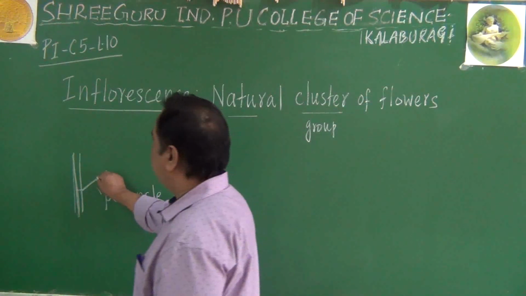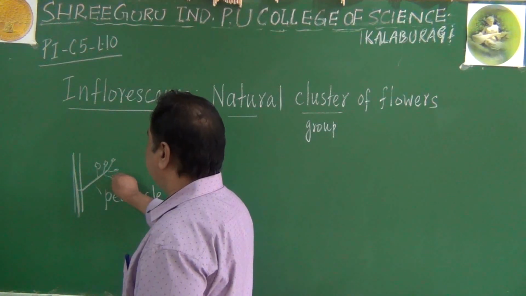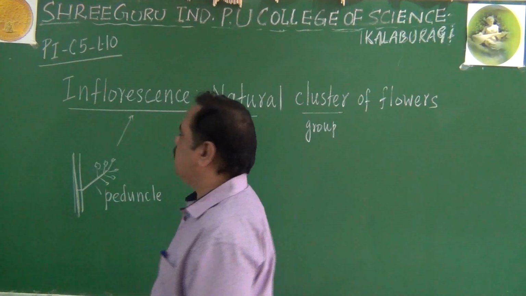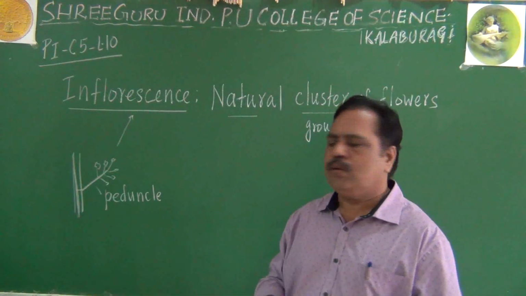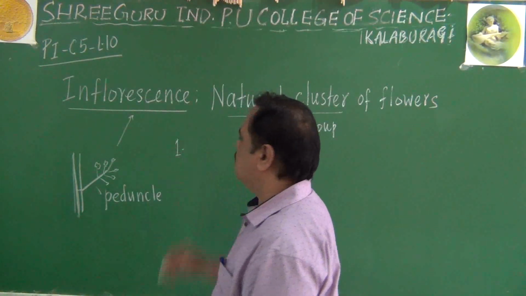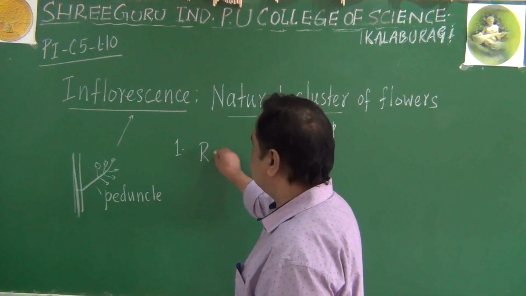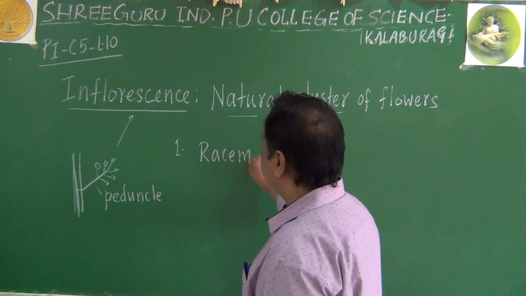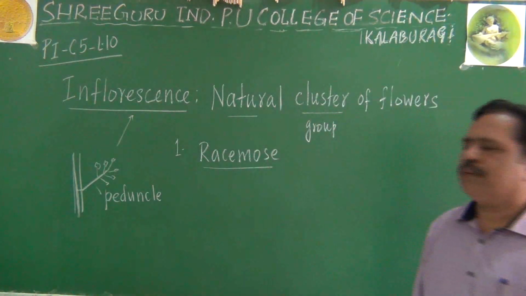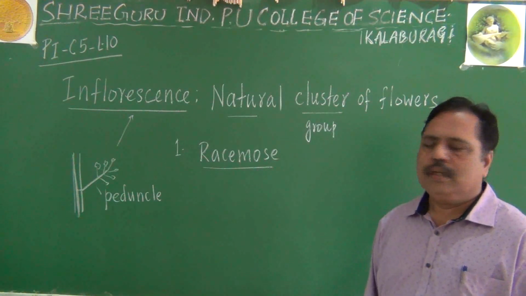This peduncle will bear many flowers arranged over it. So this group of flowers will be known as inflorescence actually. There are two major types of inflorescence we come across in the angiosperm. One type is called racemose inflorescence.